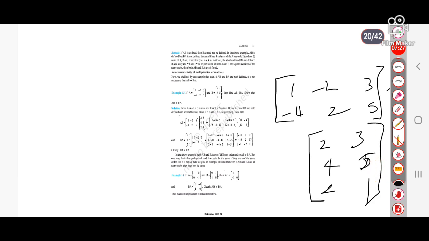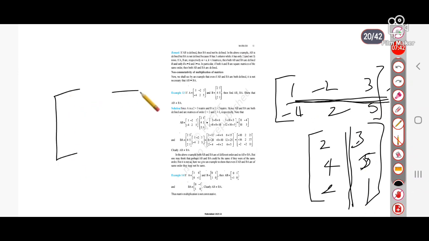We need to multiply these by the same process: dividing the first matrix row-wise and the second matrix column-wise, then writing each result in the respective position of the resultant matrix. As I told you in previous videos, the position is very important, because if the numbers change position, the entire matrix goes wrong and we won't get even a single mark in the exam.